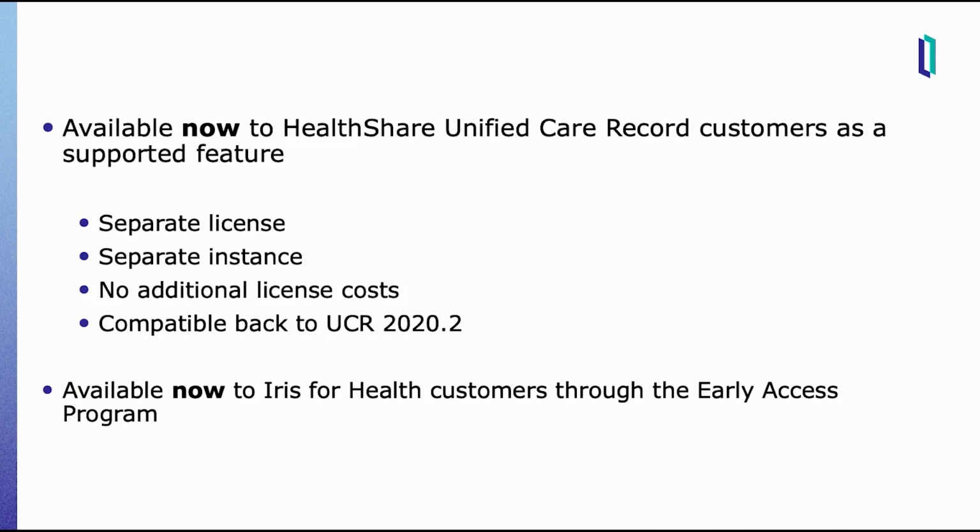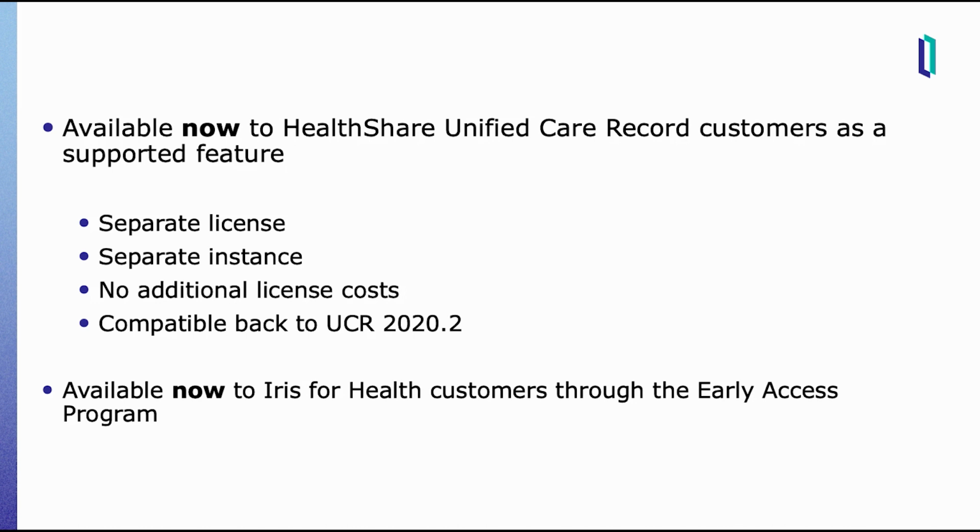But the action engine is available now for HealthShare UCR customers, and it is a supported feature, and it doesn't cost you any extra money, so that's nice. It's free for you. It is a separate license. It's a separate instance. As I mentioned, there's no additional cost for the license.